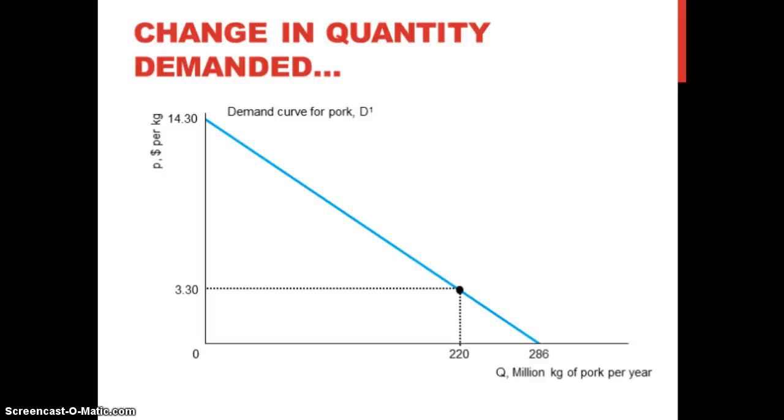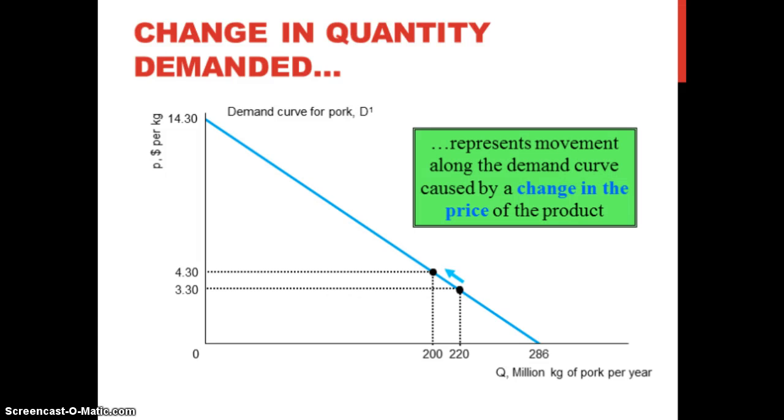And when the price goes up to $4.3, the quantity of pork is 200 million kilograms. So these two different demands of consumers represent movement along the demand curve caused by a change in the price of the product. And this is the end of this video.